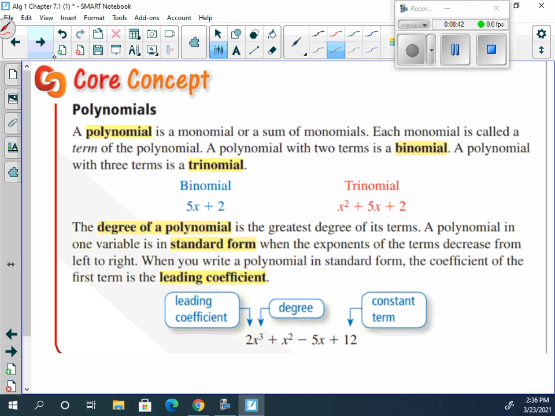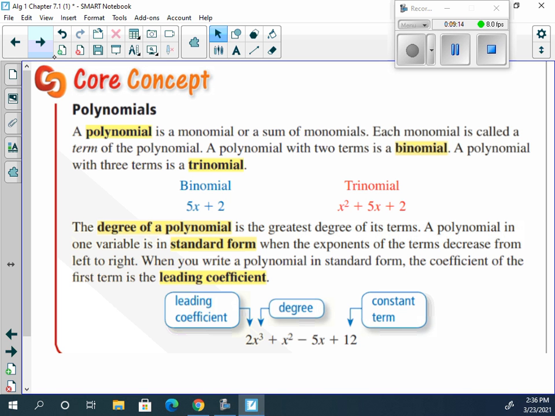Now, the other thing we're going to talk about, and this is it here, a polynomial function. A polynomial function. Poly means what? Does anybody know what poly is? What is the meaning of the prefix poly?